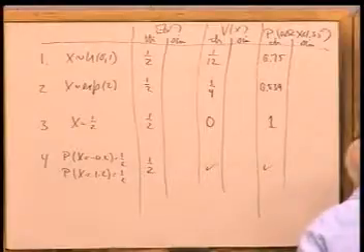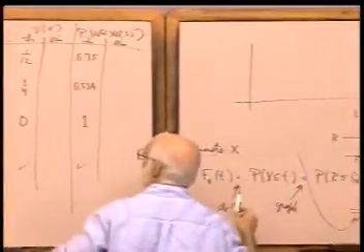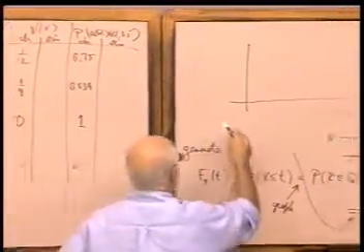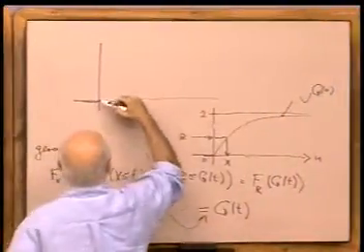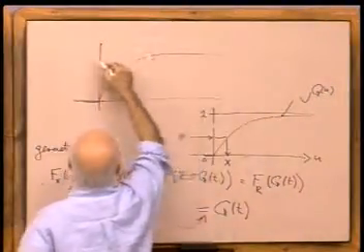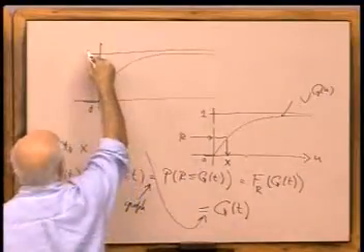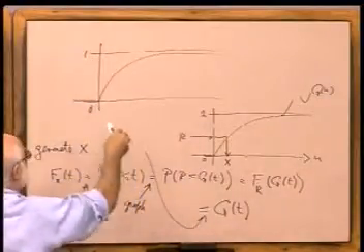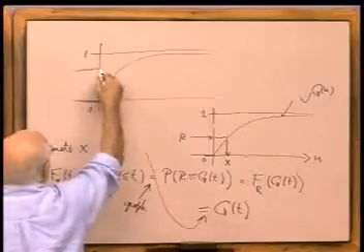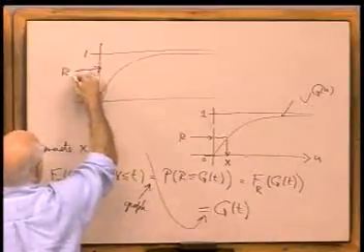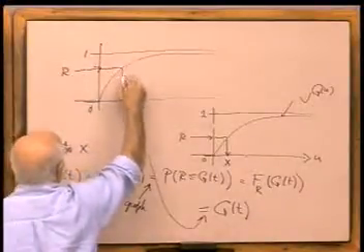So here is the graph of the distribution function of the random variable that we're trying to simulate. So the important part, for our purposes, is the part that lies between 0 and 1, because that's where we're going to make our projection.